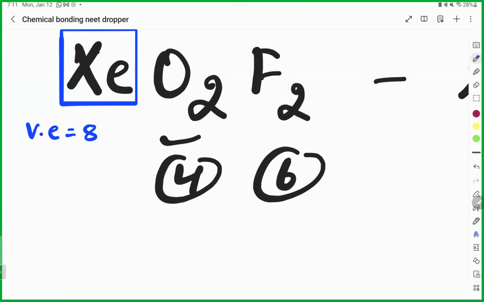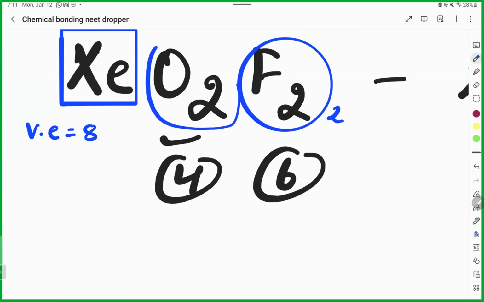Next, what will be the bond pair in the case of fluorine? 2. What will be the bond pair in oxygen? 2. Remember, the number of bond pairs depends only on the number of atoms, not on the number of bonds. So what will be the total bond pair? 4.